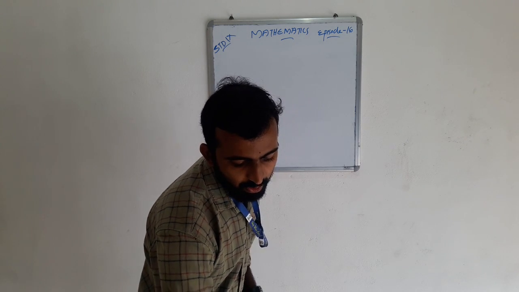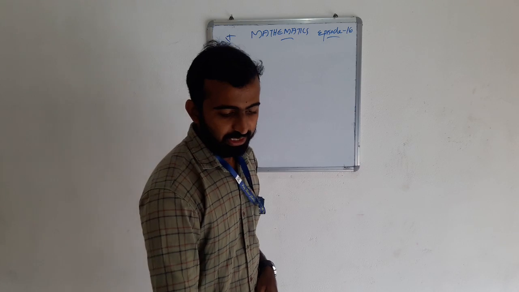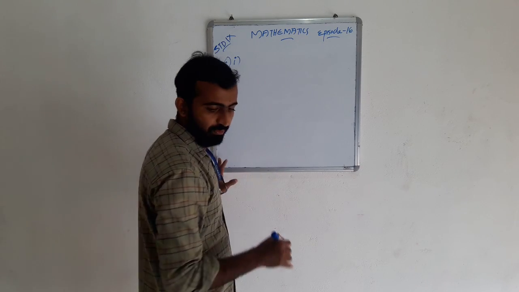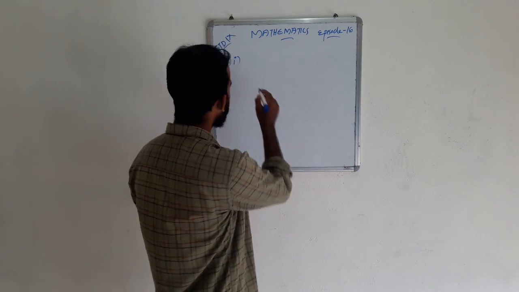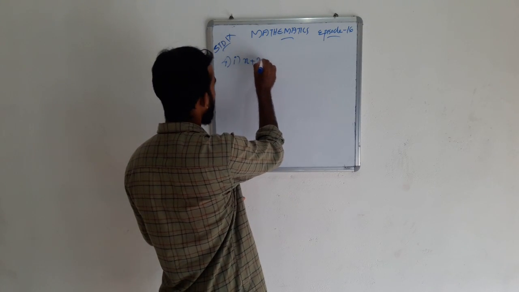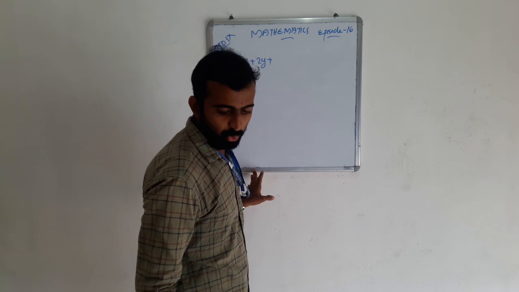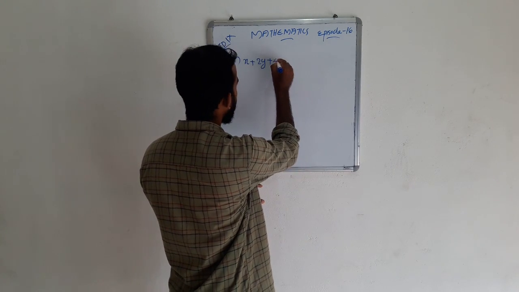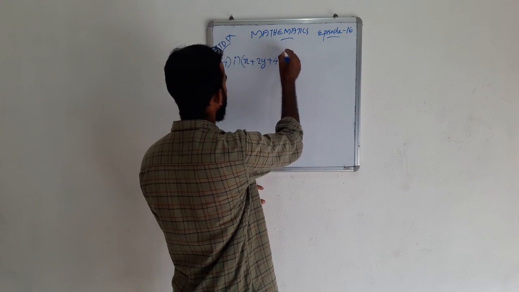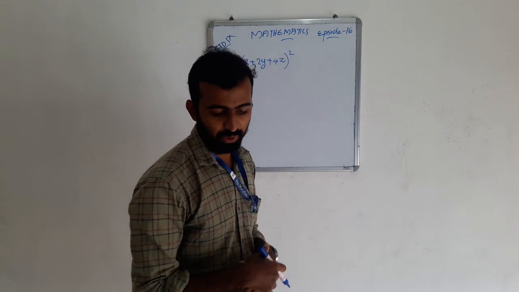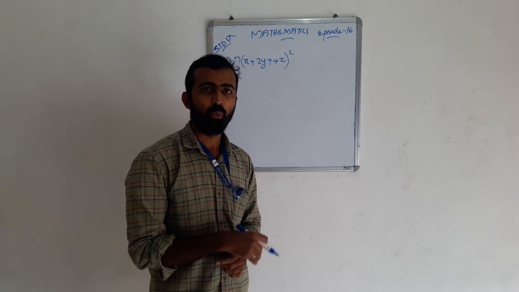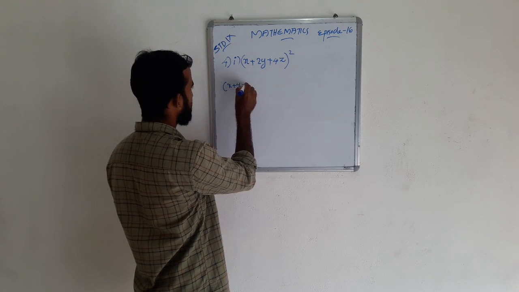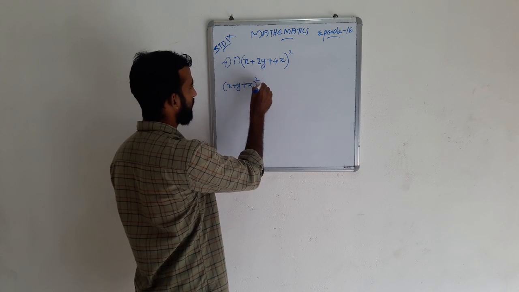I write the question: x plus 2y plus 4z the whole square. We want to expand. What is x plus y plus z the whole square?